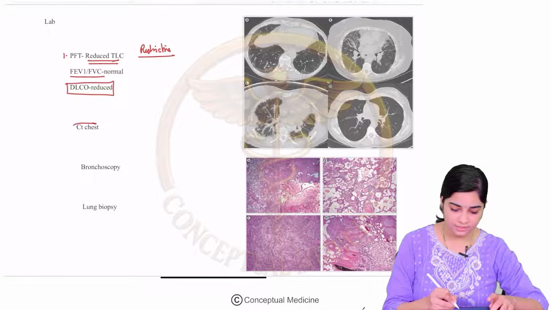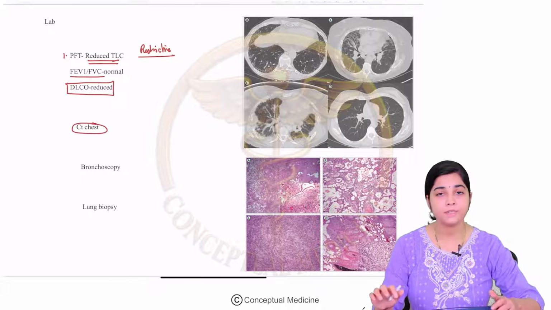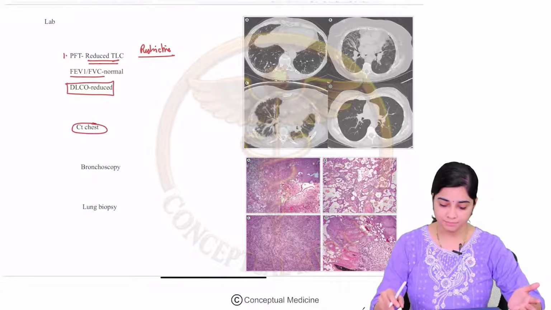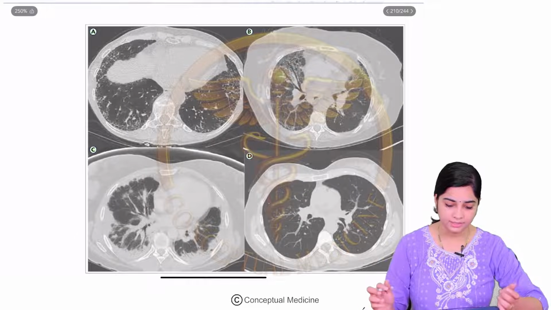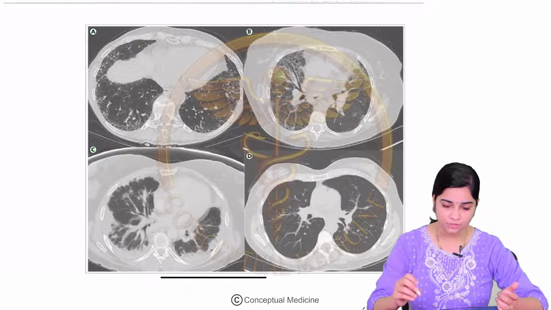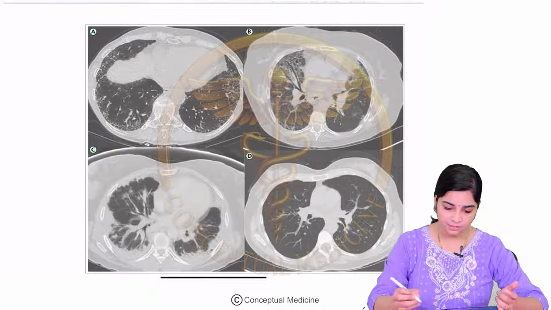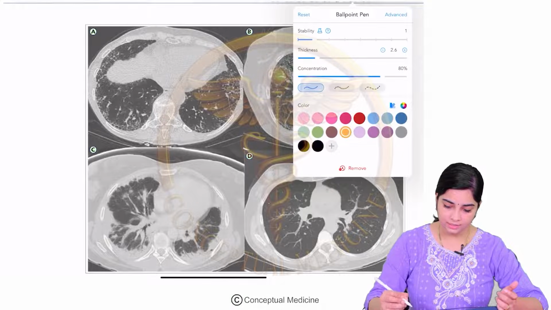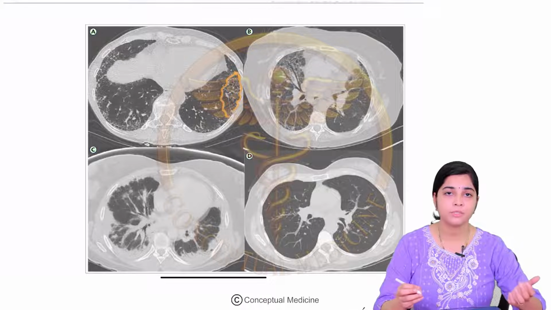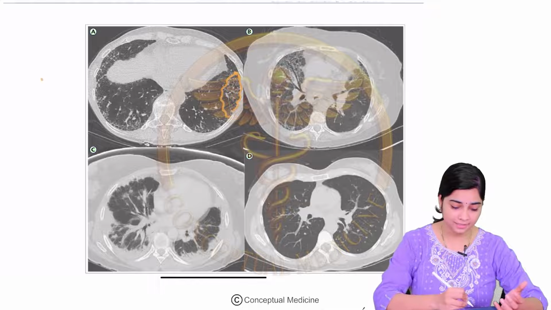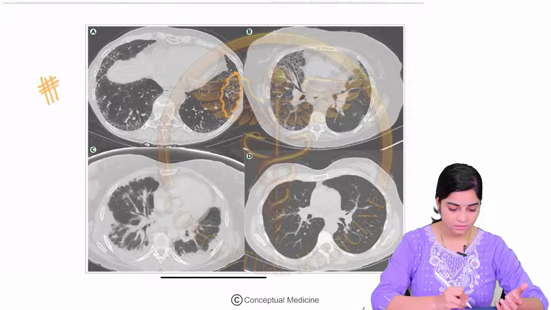Then on the CT chest, what will you find? Right? So we have discussed this in the patterned approach to ILD already. So let us look at the CT findings more in detail. So the first image, which is A, can you see here that there is a net-like pattern? We wouldn't call it opacities, but a net-like pattern, can you see like this? Right?